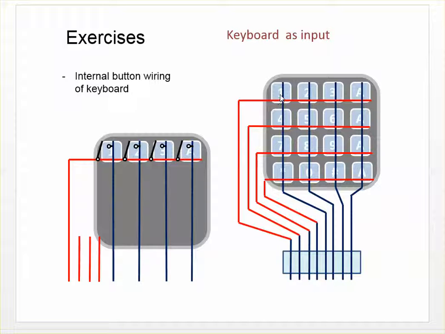Each of these keys can be represented by a switch. For example, if I press key 1, it short circuits this line and this line. So if you put an ohm meter between these lines and press number 1, it should show very low resistance, and if you measure the resistance against the other lines, it should be quite high, maximum display or no resistance at all.